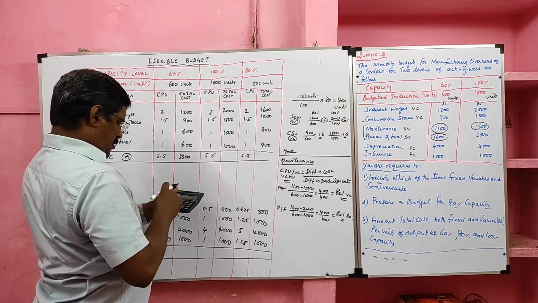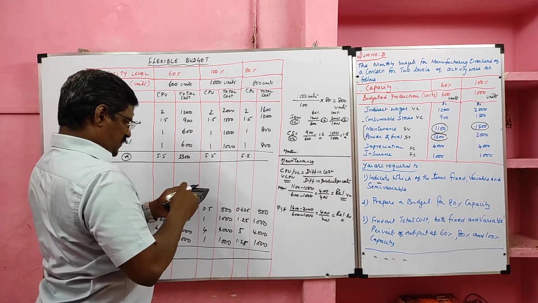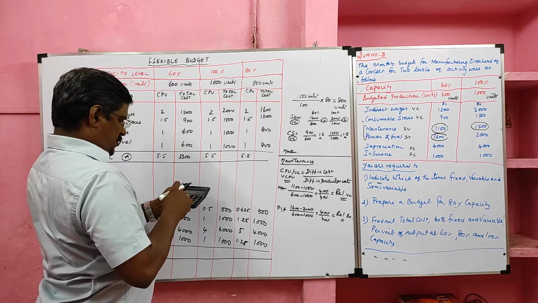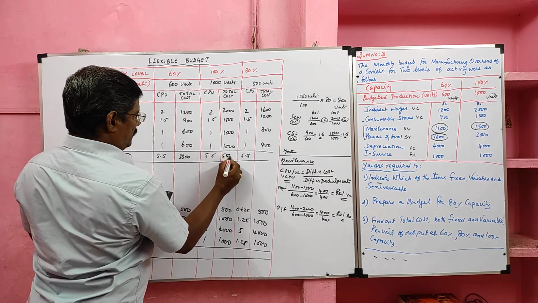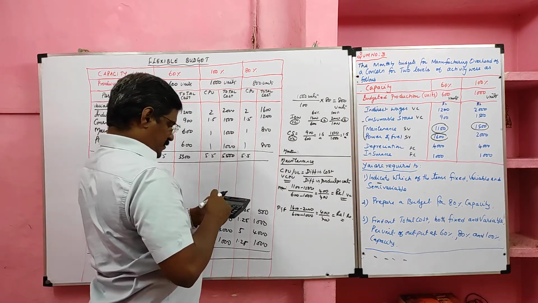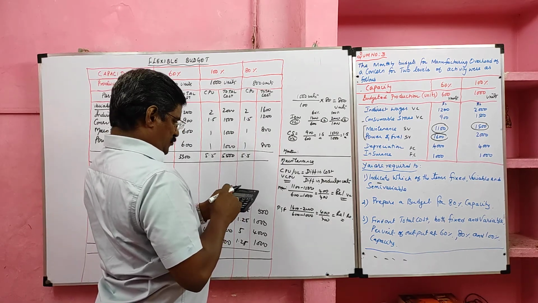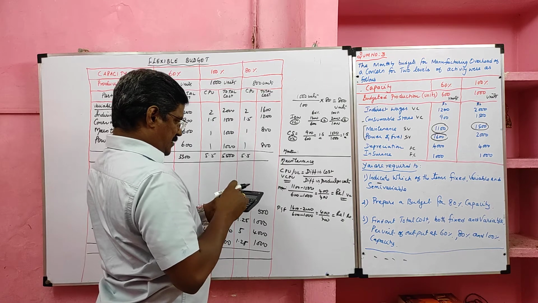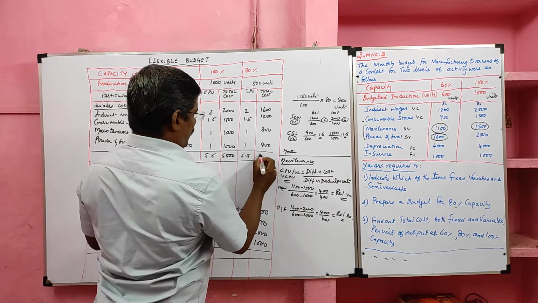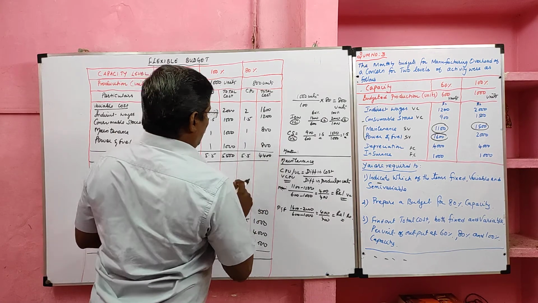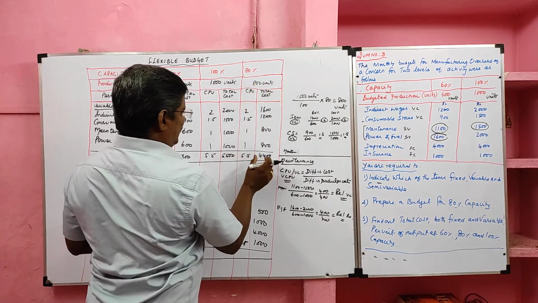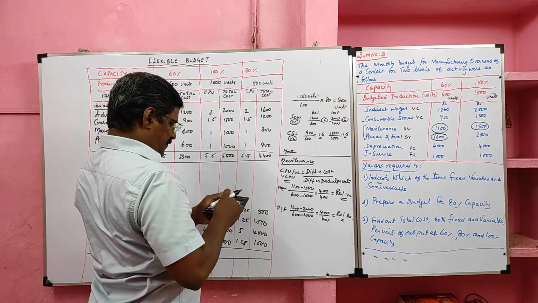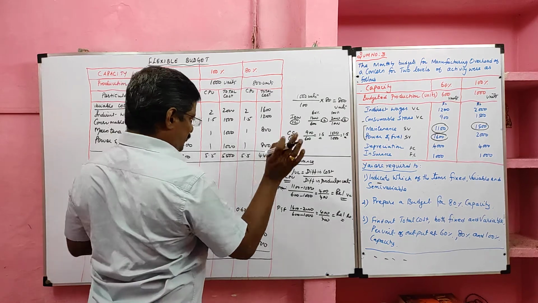Then here 2000 plus 1500 plus 1000 plus 1000, 2000, value 5500. Here 1600, 1200, 800, 800, 4400. If we multiply these two, cost per unit and total units produced, we will get this. So we can check 5.5 into 800, we are getting 4400.